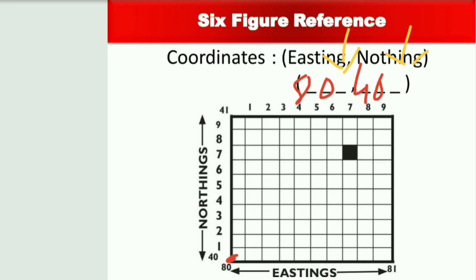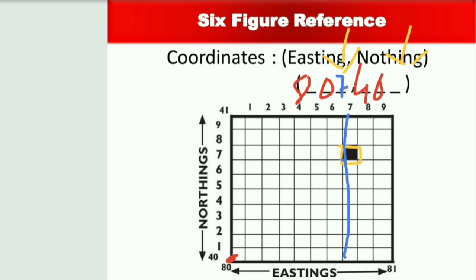So now we are subdividing this grid into 10 equal parts. Suppose I need to give the reference of this particular block. Again I need to indicate the left bottommost point in this grid, that is this point. What is the easting line for this? That is the point number 7, which means 7 I need to indicate here.